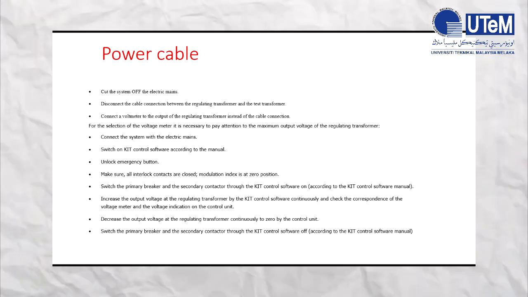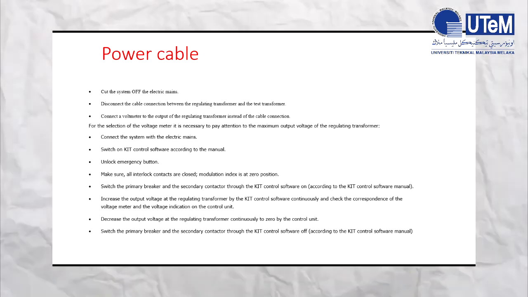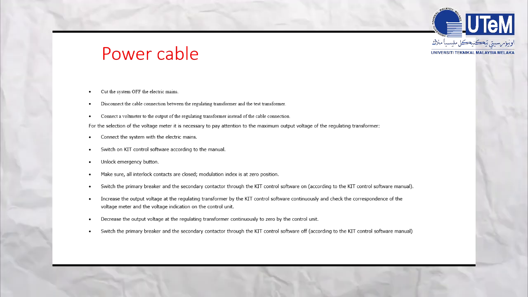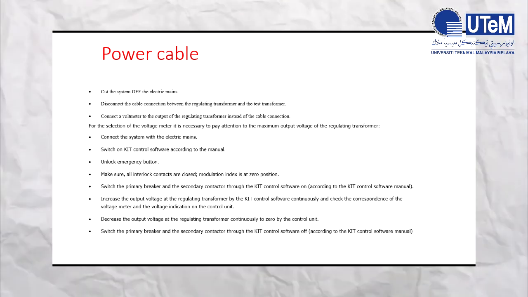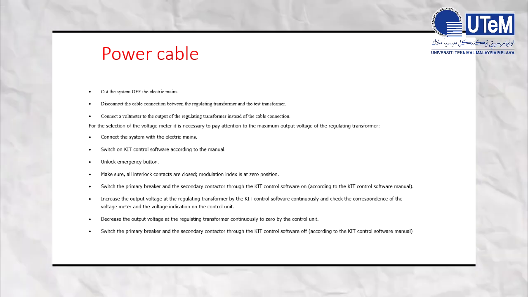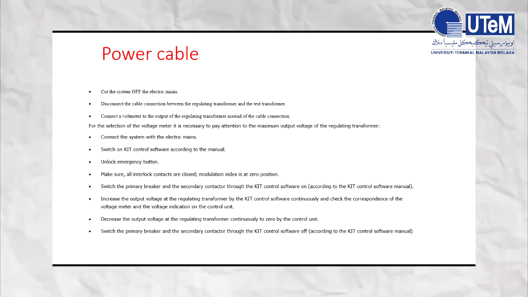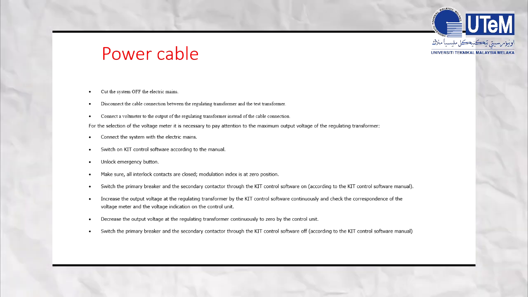The modulation index is at 0 position. Switch the primary breaker and the secondary contactor on through the kit software. Then increase the output voltage at the regulating transformer continuously through the kit control software and check the correspondence of the voltmeter and the voltage indication on the control unit.